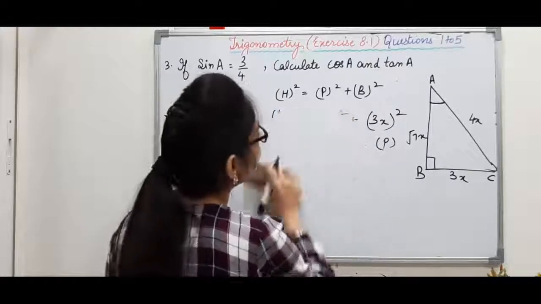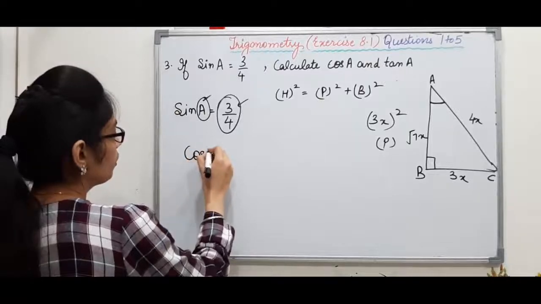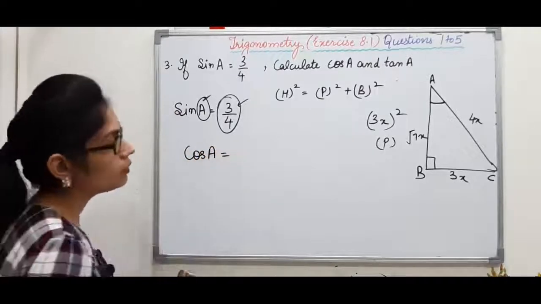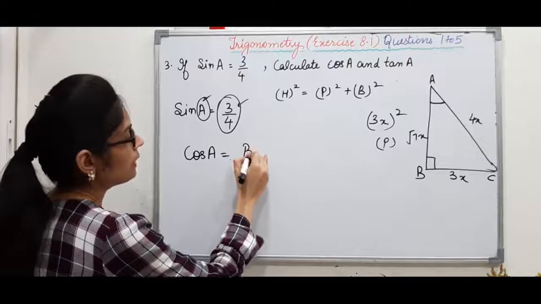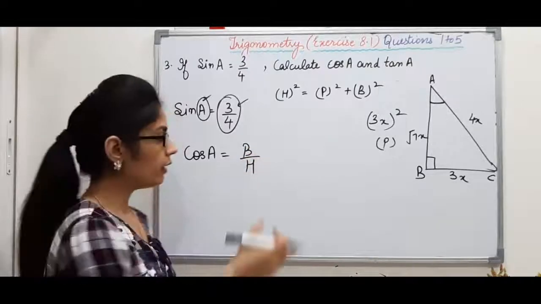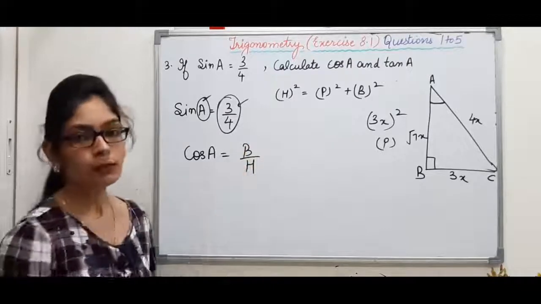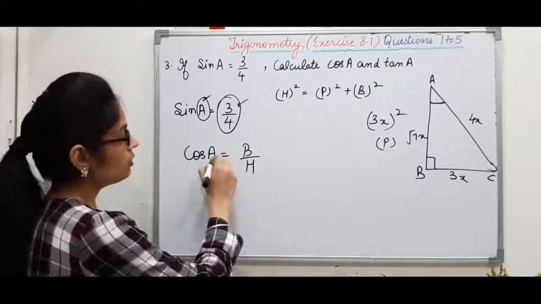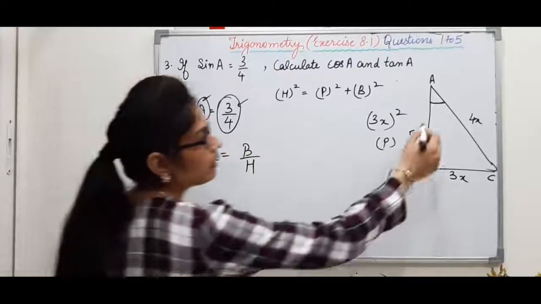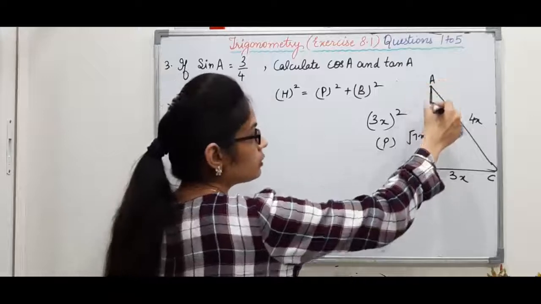Now we need the value of cos A. Cos is base upon hypotenuse. See, every time you should try to use that mnemonic, and you should know what the value of cos is. So it's base upon hypotenuse. With respect to A, the adjacent side is the base, which is this one.